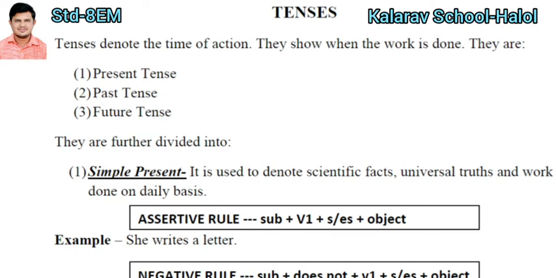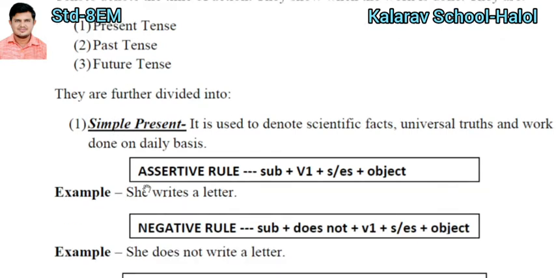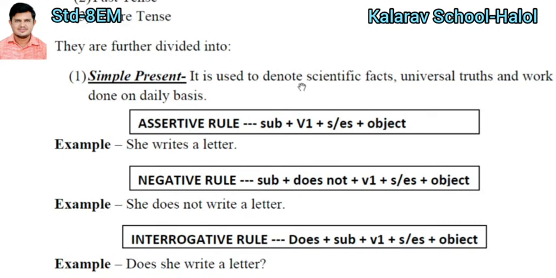Number one present tense is simple present tense. For which purpose is simple present tense used? The simple present tense is used to denote scientific fact, universal truth, and work done on a daily basis.